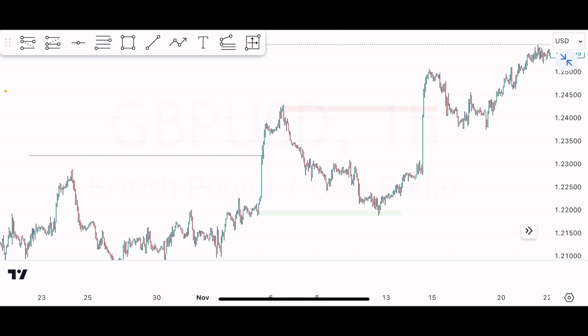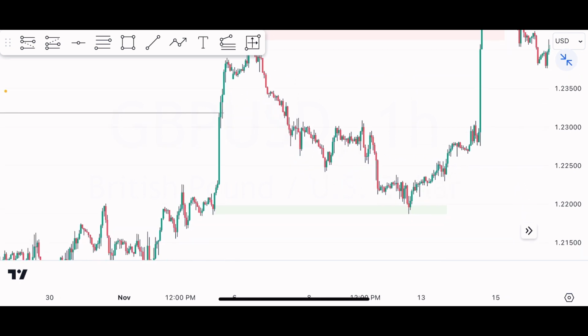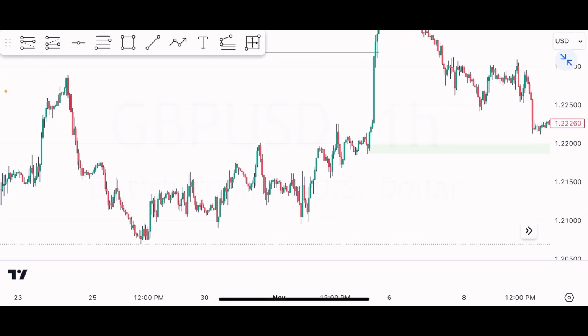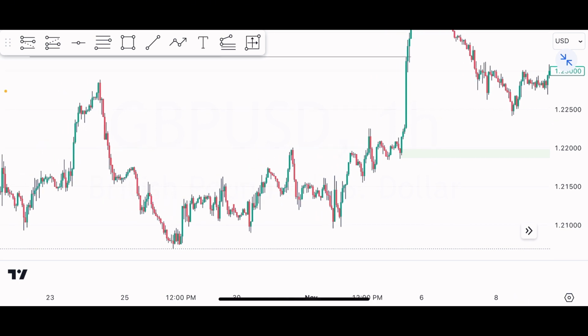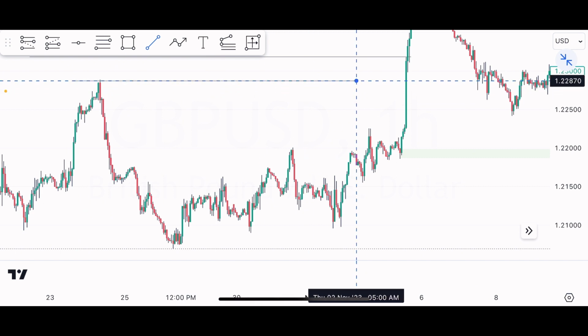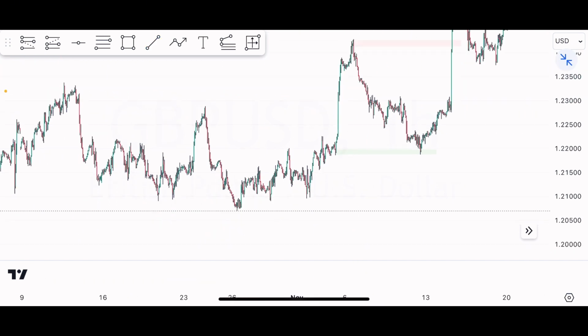There are other blocks, there are mitigation blocks, there are breaker blocks, and there is the drop base drop, rally base rally. Those kinds of support and resistance are the ones you want to buy and sell from, not the traditional one, ceilings and roofs. Do you understand? So that's it on support and resistance.